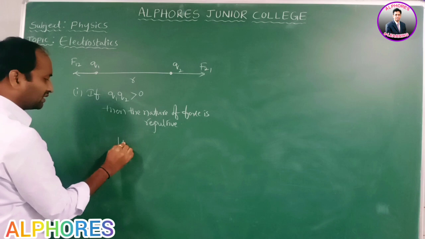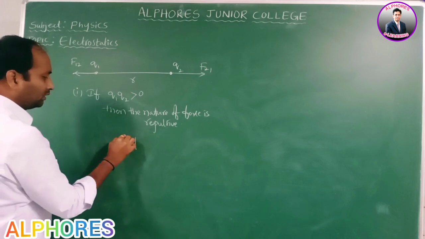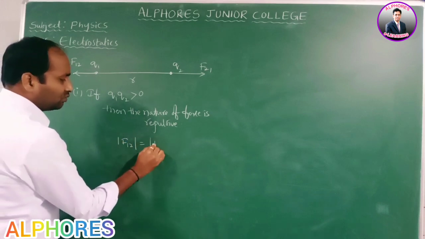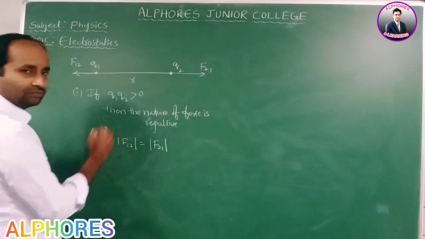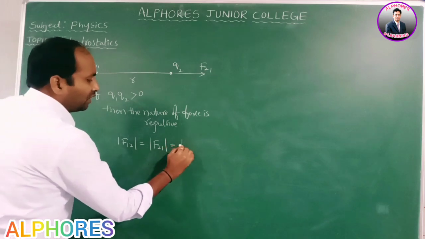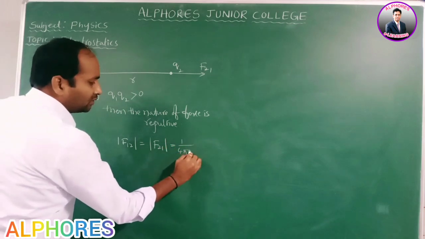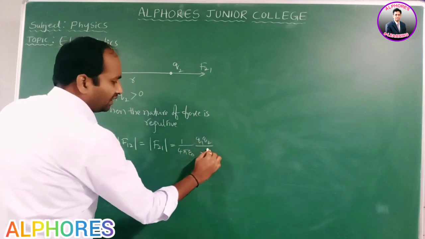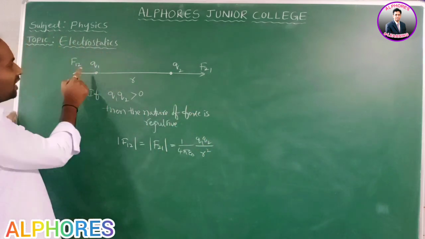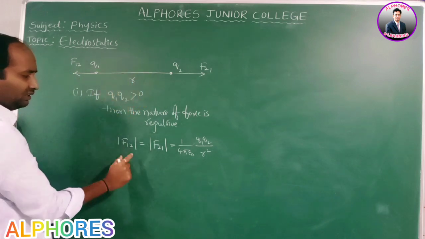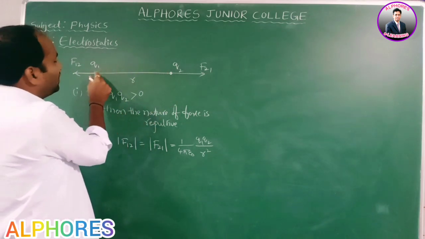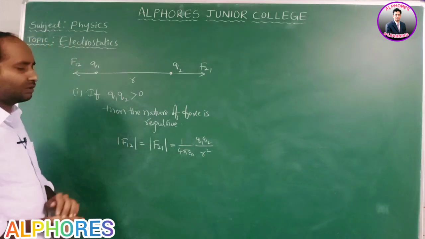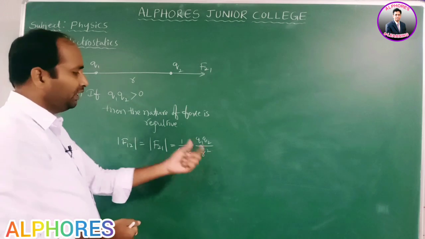So we may write the magnitude of F12 is equal to the magnitude of F21, which is equal to 1 by 4 pi epsilon naught Q1 Q2 by R square. The force acting on the first charge by the second one and the force acting on the second charge by the first one have equal magnitude.